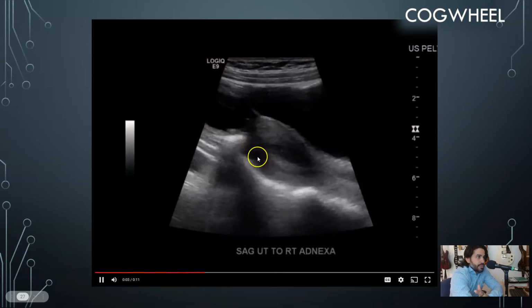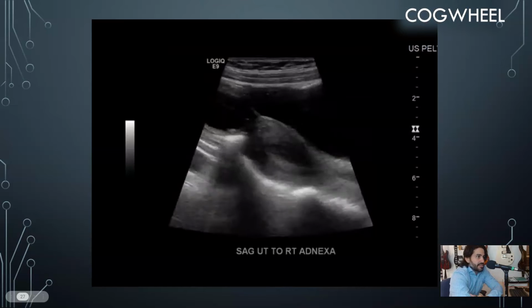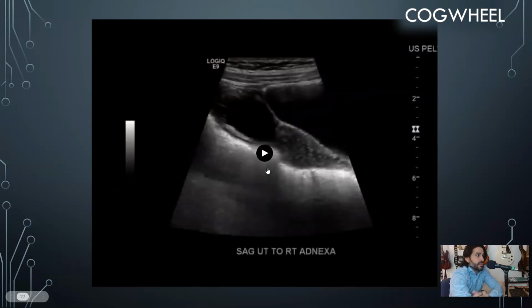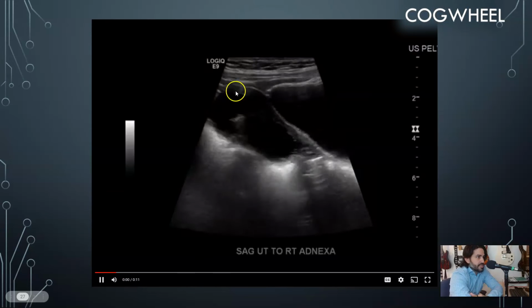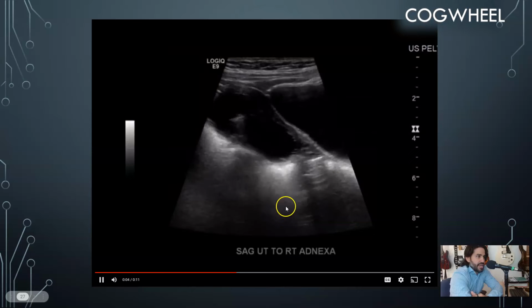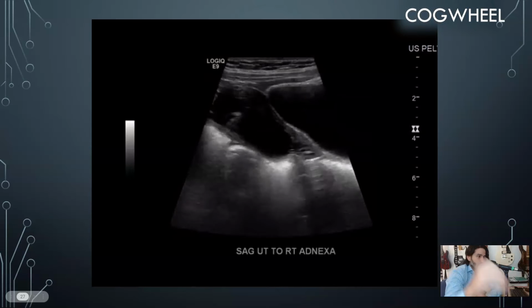Now, there's echogenic debris within this, and perhaps there are elevated white blood cells or inflammatory markers or signs of infection, pyosalpinx, or if there was blood, hematosalpinx. But for all intents and purposes, this is the hydrosalpinx with the cogwheel sign. You'll have to get that fallopian tube in a transverse view to get that cogwheel sign.